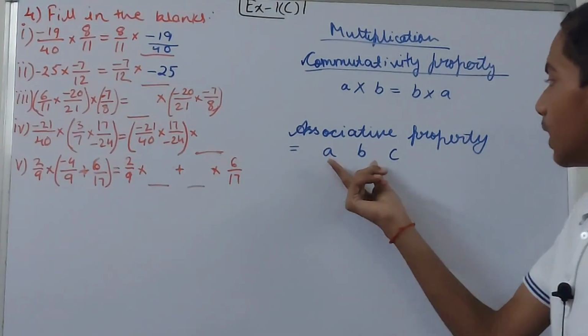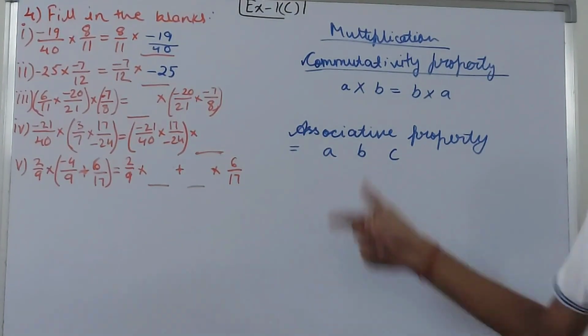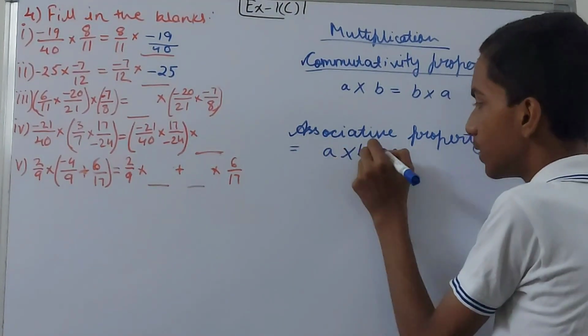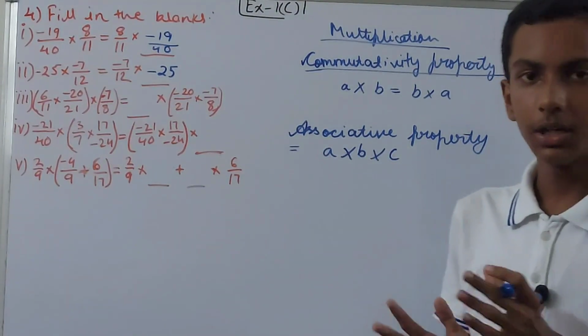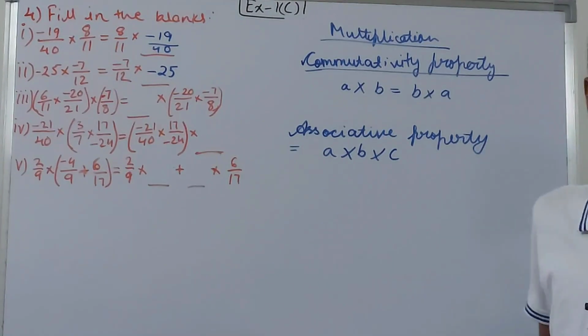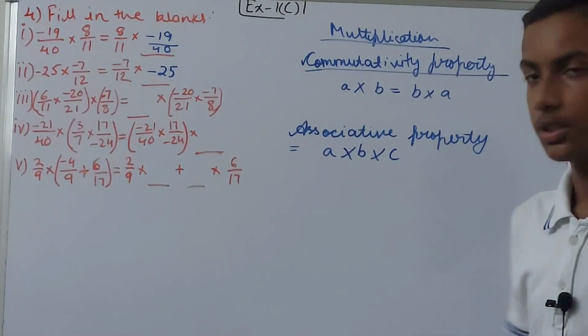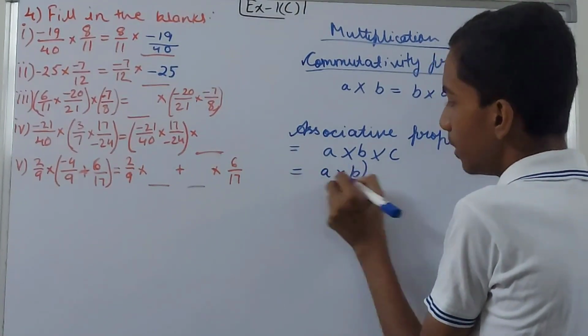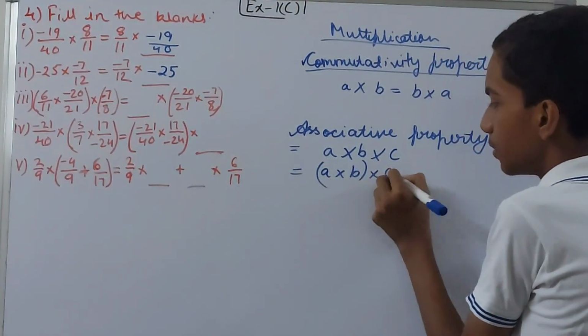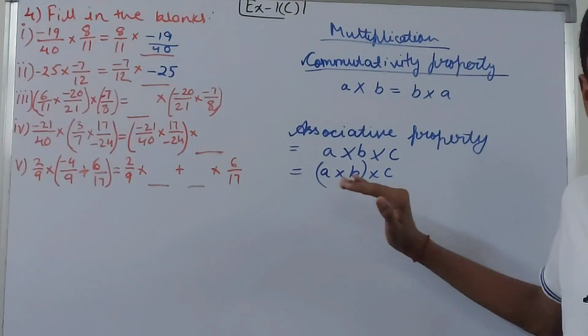So see here, 3 rational numbers I've got here, and if I multiply all 3, so what do you think? Will doing multiplication like this be easier? No, we will group the numbers. So what do we get here? a into b, this, and into c. Can I write it this way also?